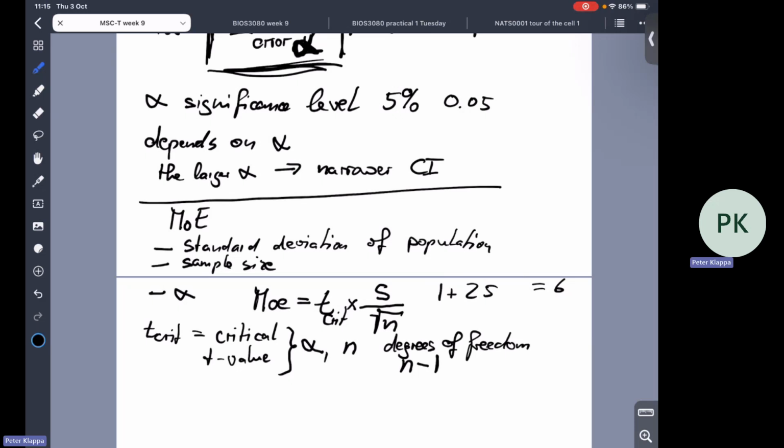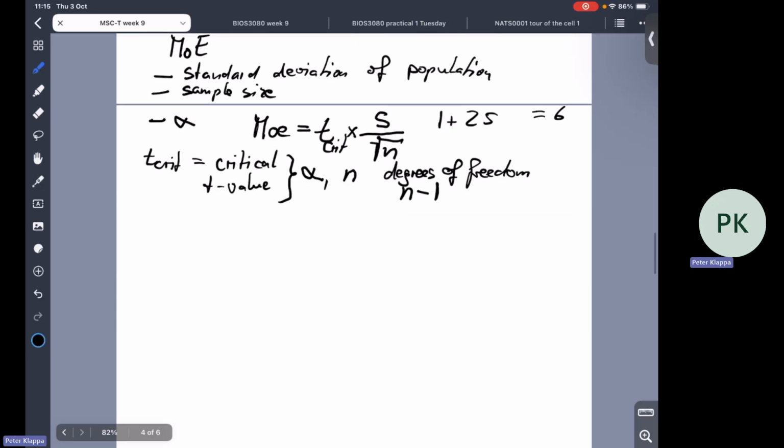The t value also has another importance because the t stands for a sort of a population distribution. What the hell is a population distribution?